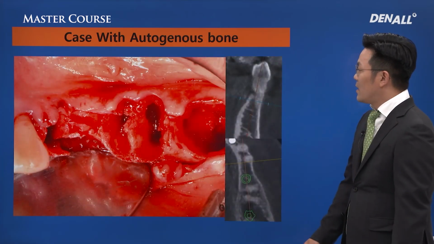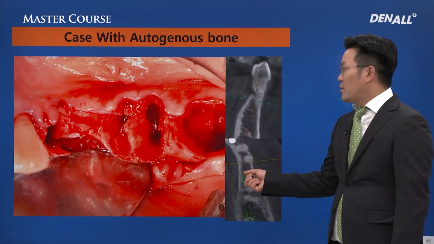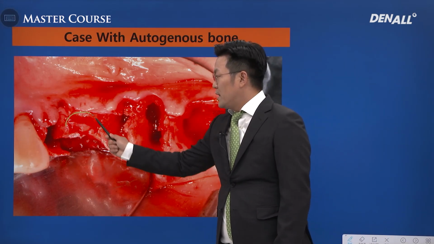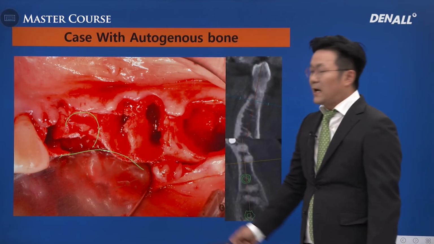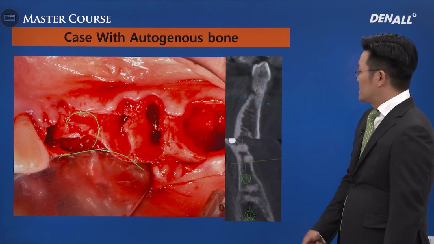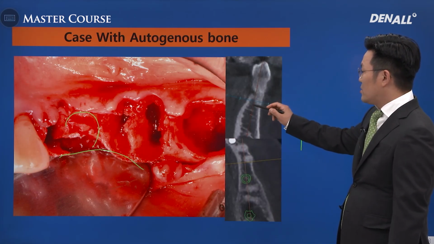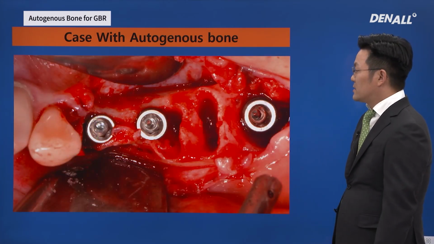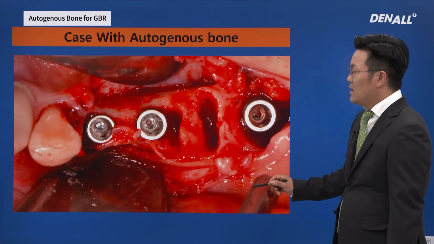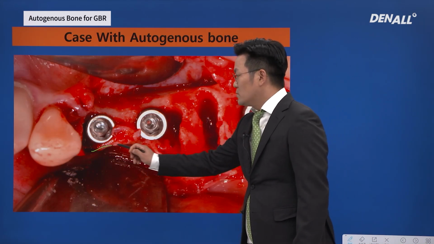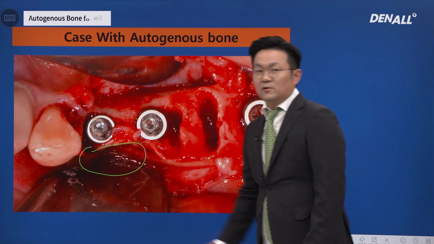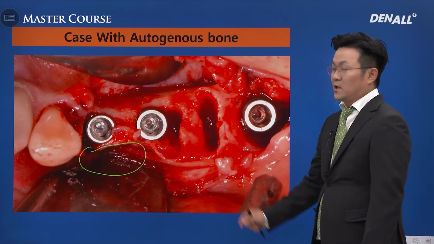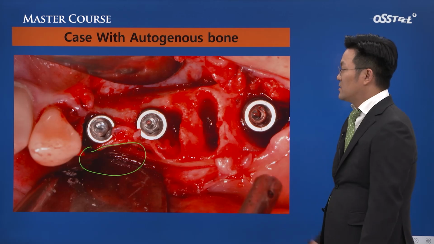Right after raising a flap, as you can see here in the premolar area, there is a big bone defect. As you can see on the CT, the bone is very narrow. Implants were placed in the buccal area of the premolar. There was a defect and the ridge was narrow, and we had to remove the teeth, and GBR was performed.